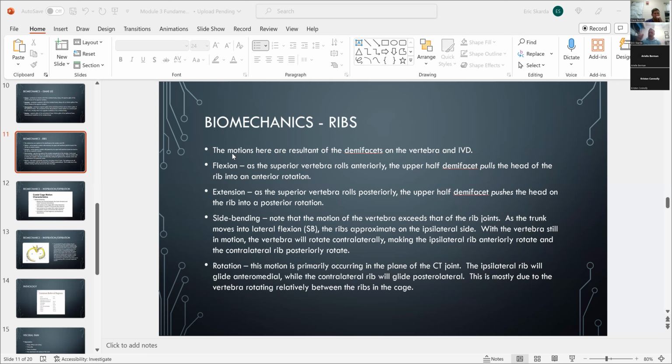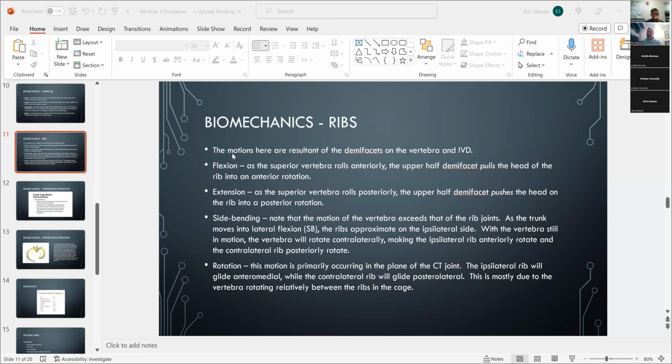What that's going to do is the demifacet on the inferior half of that superior segment, so if we're looking at T5 rolling forward on T6, that demifacet on the bottom half of T5 is going to pull the head of the rib into an anterior rotation. So essentially the entire ring is going to tip forward, just like this. That should seem relatively intuitive, okay?